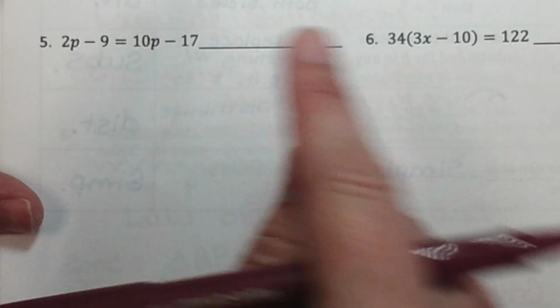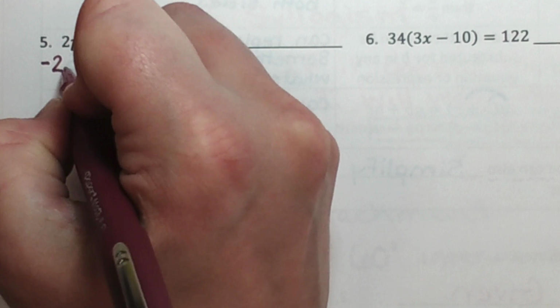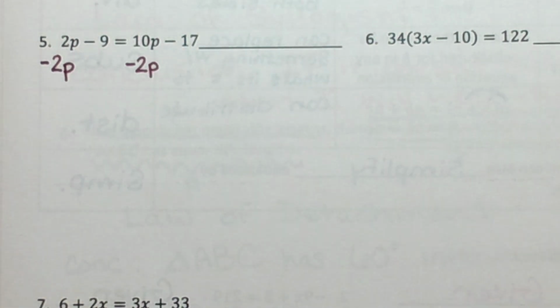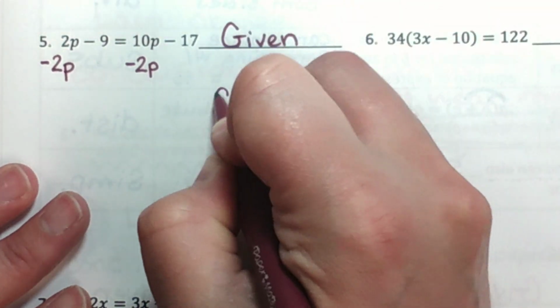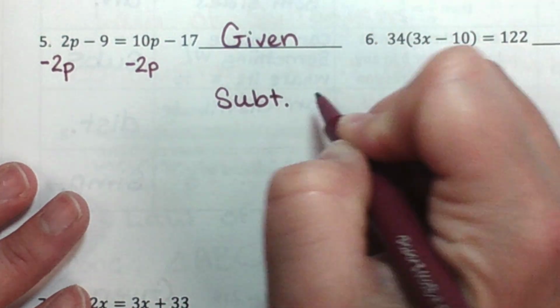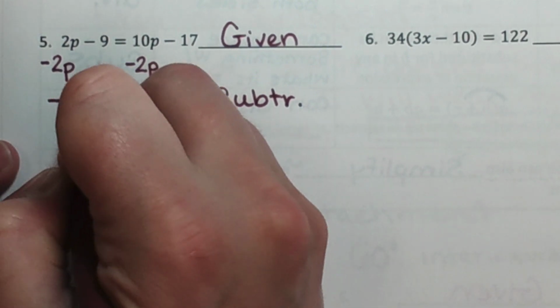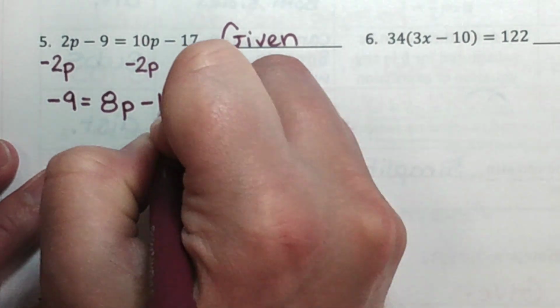I'm going to move the 2p towards it, because that's going to be an important thing that we need to talk about. Now the 2p is positive, so I'm going to subtract it. Ooh, I started with my given. Now I'm subtracting. Negative 9 is left is equal to 8p minus 17.